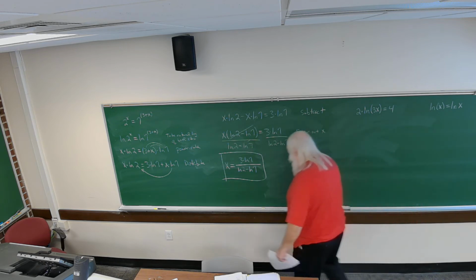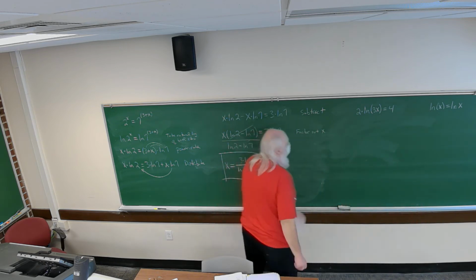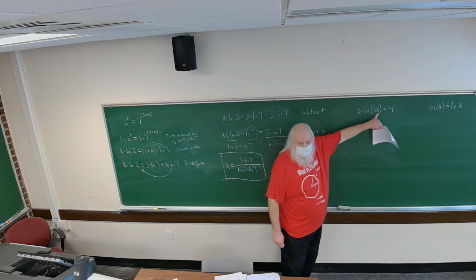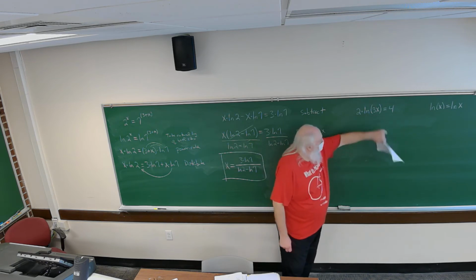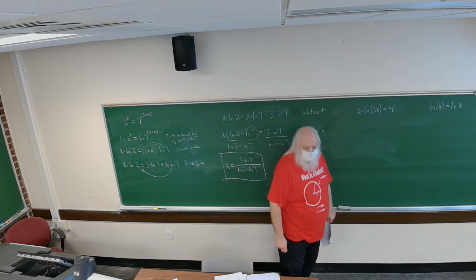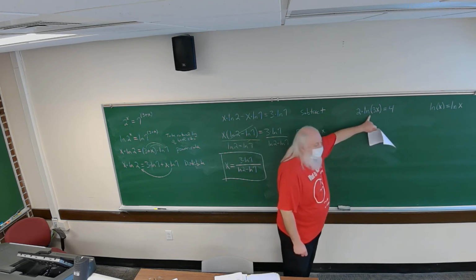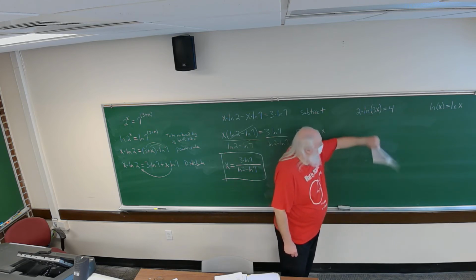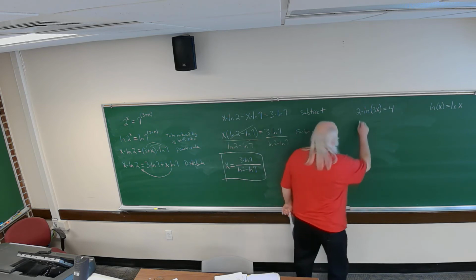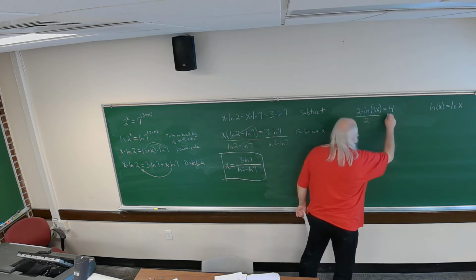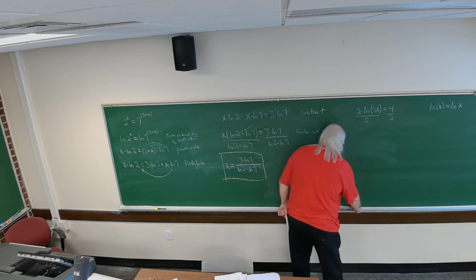So again, now you've got to solve for x, right? There's some number we can put in for x that makes the left-hand side equal to the right-hand side, equal to 4. Well, this is 2 times ln of 3x. So, you know, division undoes multiplication.